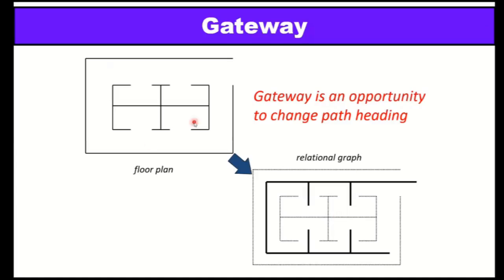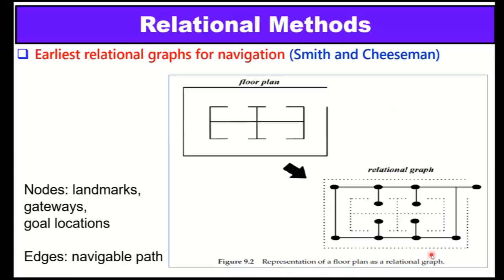So this is what the floor plan actually is. This is how the factory floor is laid out. Now we can draw a relational graph and associate where the path is located. The first method in relational methods for topological path planning is this relational graph, where we define each corner or each landmark as a node, right?